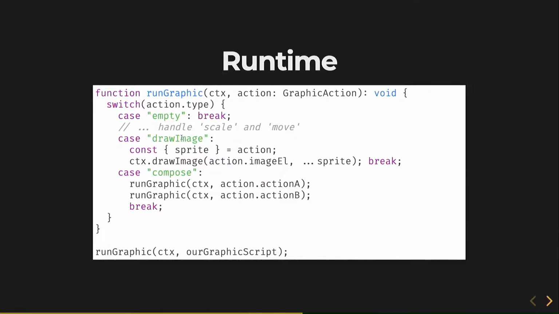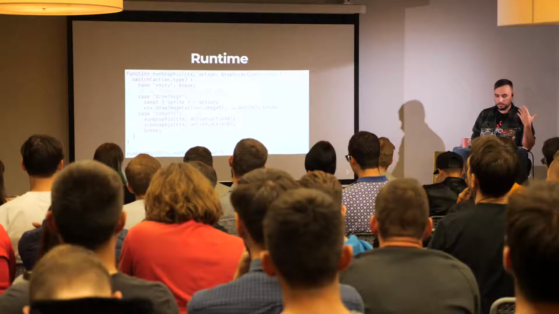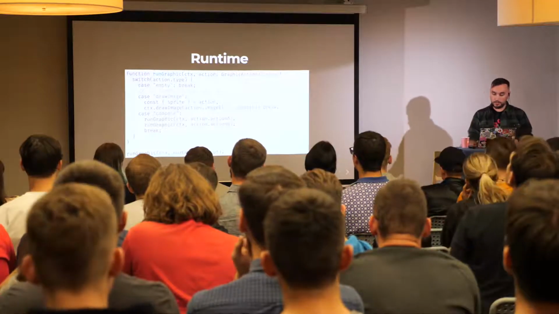So depending on the type of the object, we can perform some actions, and then just run it. Run graphic, pass some canvas context if you need it, and this is our program. This variable contains our declarations.